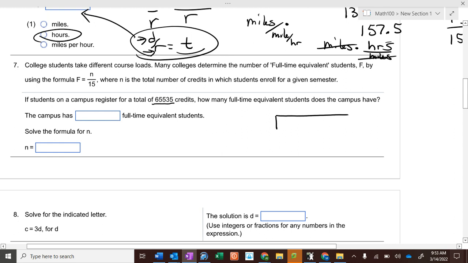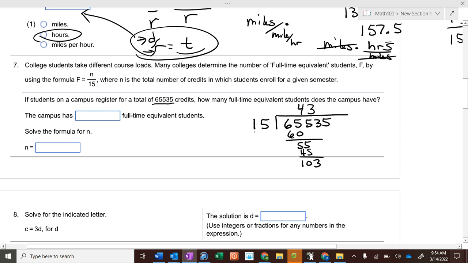So if we divide by 15, we take 65,535 divided by 15. How many times does 15 go into 60? 4 times, and you get 60 with 55 left over. Since 4 times 15 is 60, we must need a 3 here because 55 is less than 60. 3 times 15 is 45 with 10 left over, so now it's 103.